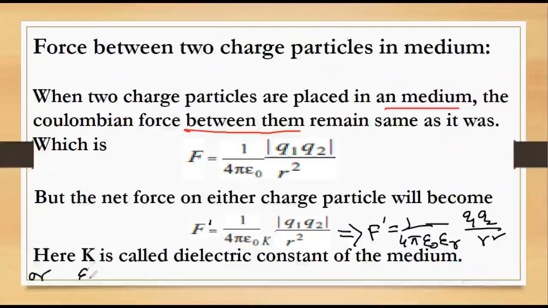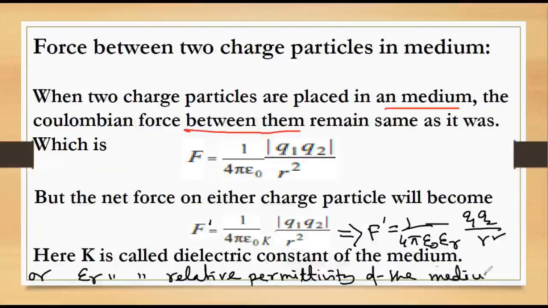Or you can write epsilon r is called the relative permittivity of the medium.